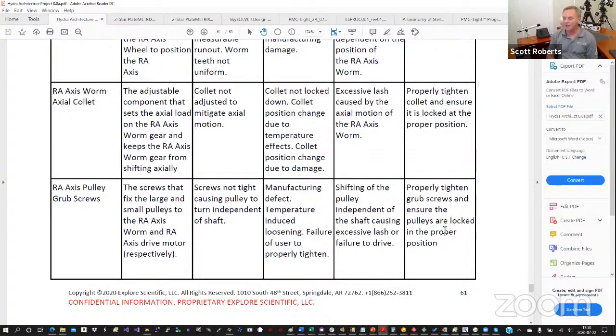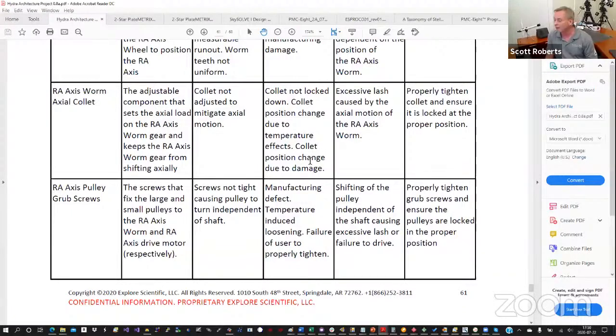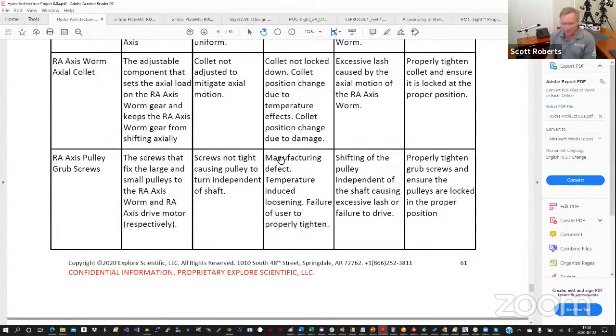Now, if you read each of these individually, you go, yeah, that's logical. It may be obvious. Why even write it down? Because this is just something that you can just check and do.